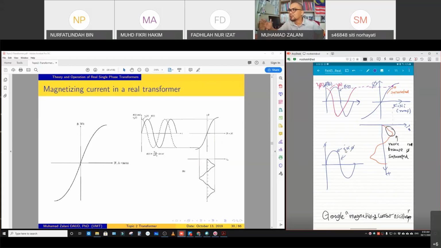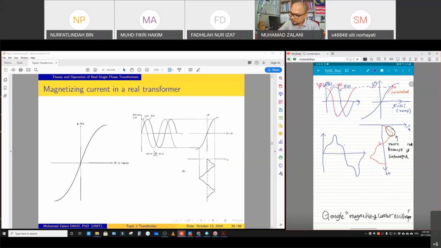Basically, in this explanation, in the real world, this is not the magnetizing current. The magnetizing current supplied to the transformer is still a sine function, but it should look like this.